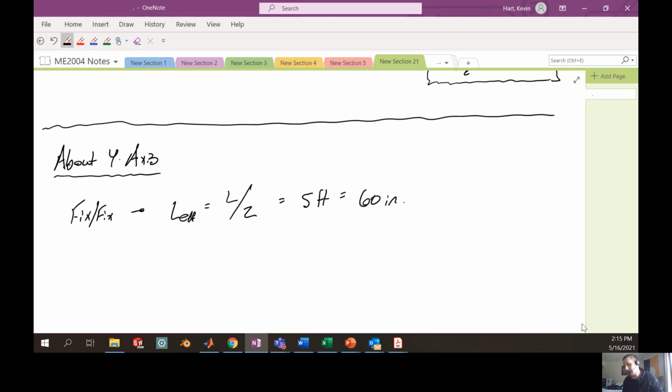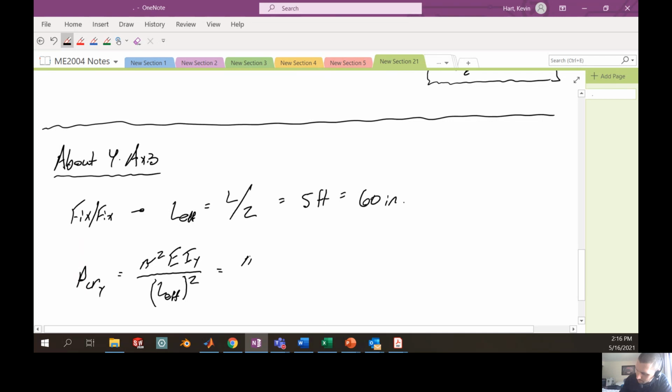So we're ready to calculate the critical buckling load for buckling about Y. Here, the critical buckling load for buckling about Y is pi squared E I_Y, because again we're buckling about Y and we care about the area moment of inertia about the Y axis, over the effective length in the Y direction squared.